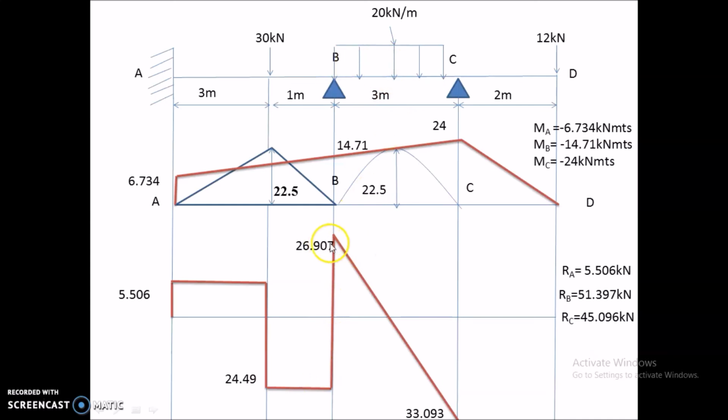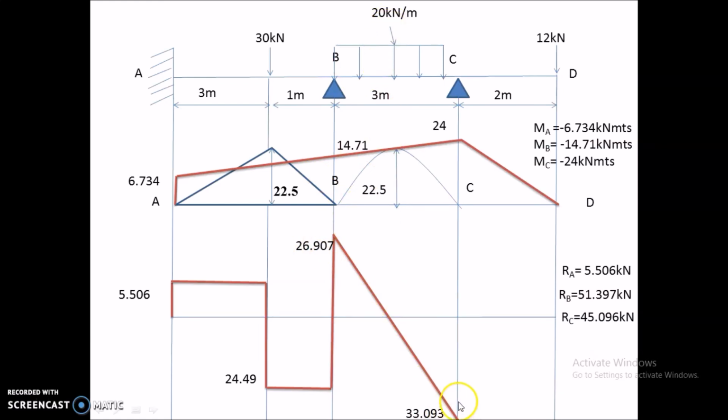But for a UDL it will vary at every point. For example, 26.907 is here. Just think at 1 meter, it will be 26.907 minus 20 into 1, that is minus 20, which gives me 6.907. So here it will be 26.907 minus 20 into 3.